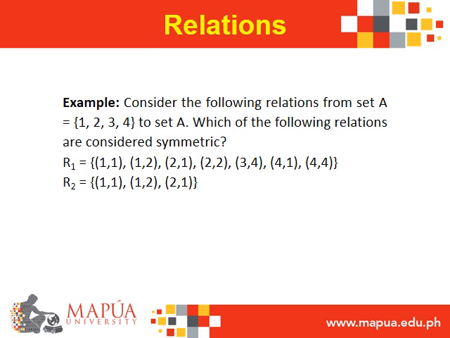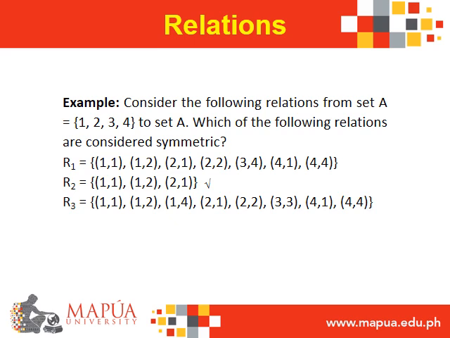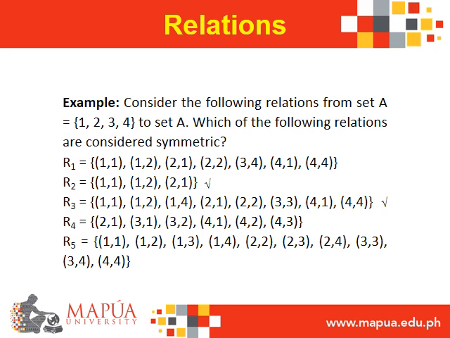If you look at the ordered pairs seen on your R3, you would see that it contains 1, 2, 2, 1, 4, 1, 1, 4. Therefore, this particular relation is symmetric. R4 is not symmetric, likewise R5 is not symmetric, and also R6 is not symmetric.